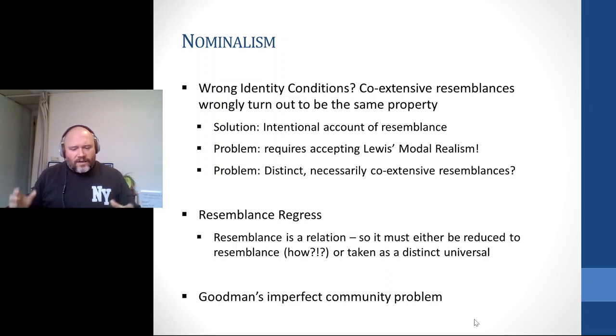And it seems very easy for us to generate cases, communities of objects, where resemblances generate very strange, if not impossible, properties, and lead us astray with regards to thinking about what properties objects have. So we'll talk a little bit about this next Friday, but it's a neat little problem. The big ones really to think about for resemblance nominalism are, again, our identity conditions problem and the resemblance regress issue. Okay.